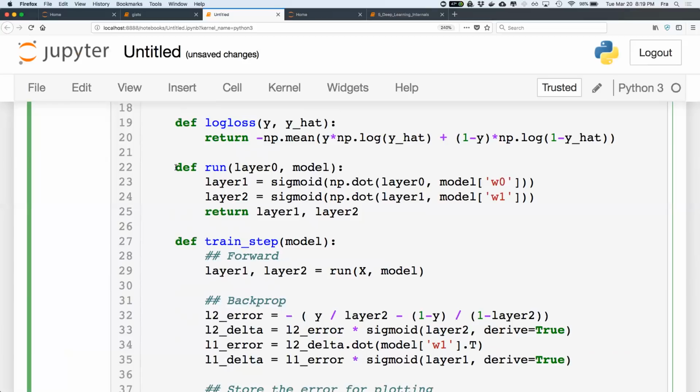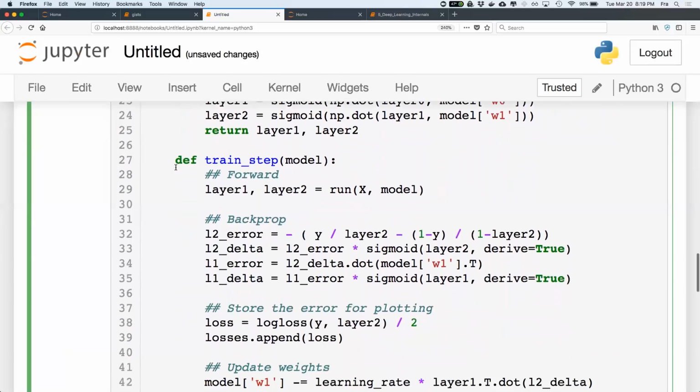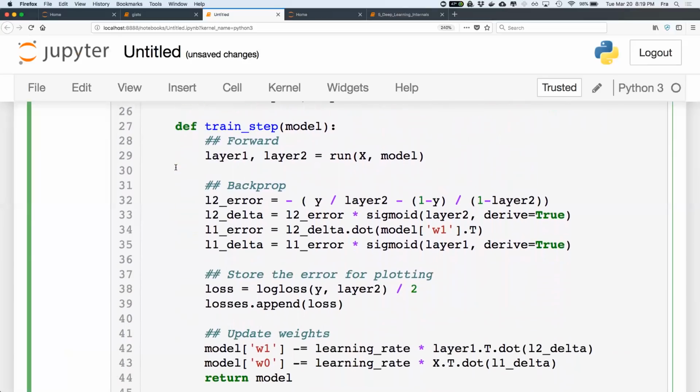And then the training step is first I run the forward prop, and then I run back propagation, which is exactly what I've shown you in formulas. I calculate the derivative of the cost, the log loss, with respect to y hat. Then I multiply this with the derivative of the sigmoid, with derive equal true.